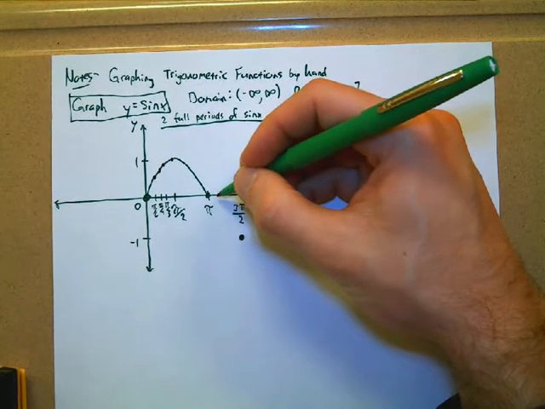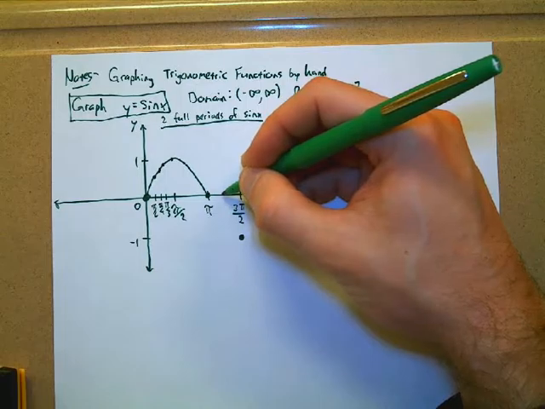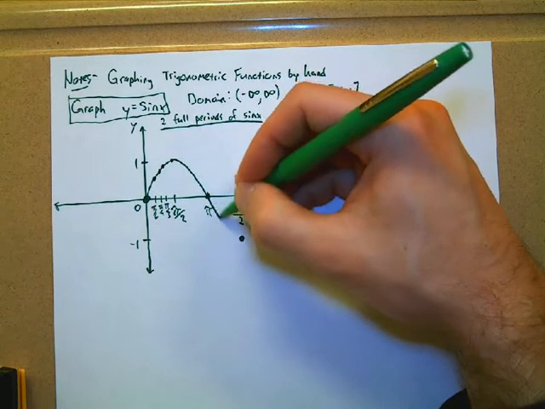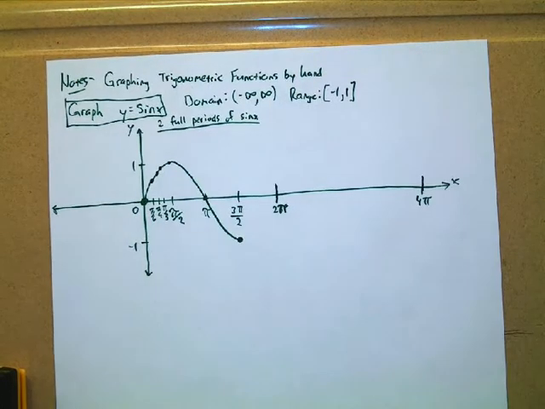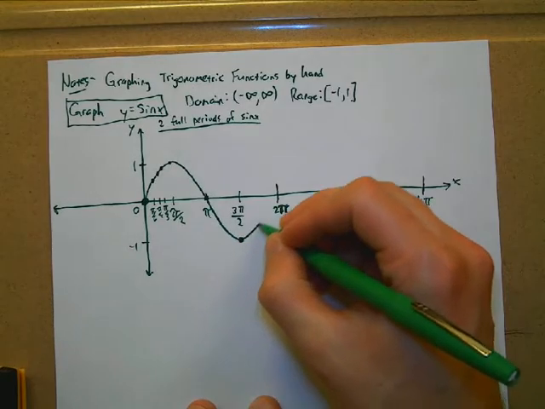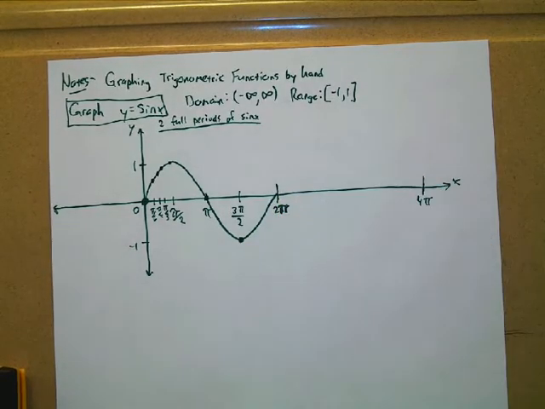And then what's the sine of 2 pi? 0. And there it is. There's one full period of sine, because at this point we're going to repeat ourselves. That's one full period of sine from 0 to 2 pi.